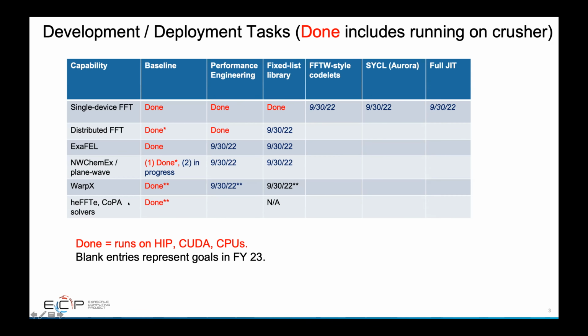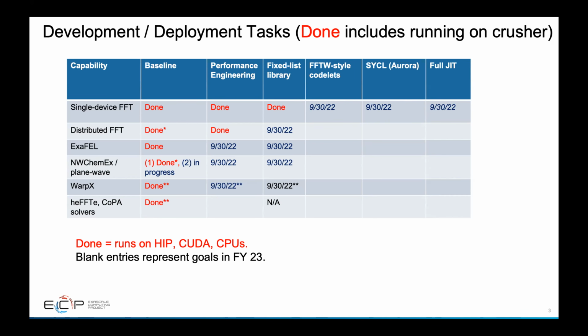The one exception is Hefty and the solver, the larger scale distributed libraries. And the reason is we really cannot provide them what they need without being able to specify, a user comes in at runtime and says, I want this size FFT with this distribution.